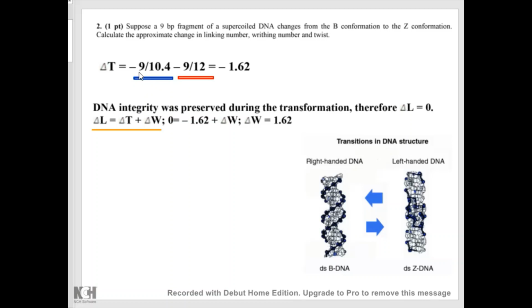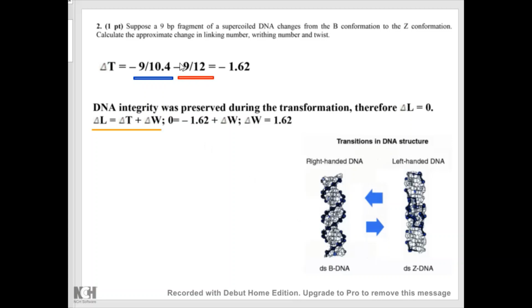So this comes by definition with the fact that we rotate counterclockwise. Now 9 is a number of base pairs, and 10.4, I use this number as a number of base pairs per turn in BDNA. So the overall expression here, this term tells me how many turns we are losing upon unwinding of right-handed BDNA to all straight conformation.